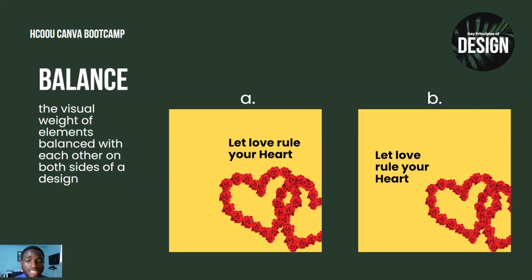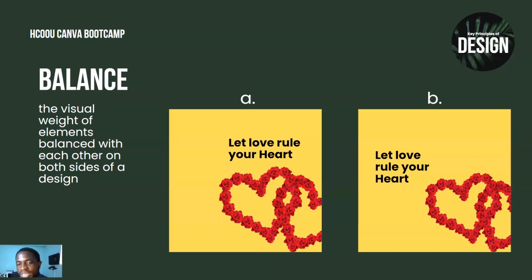So let's say we look at these two designs that I've shared now, design A and design B, or maybe we can call it specimen A and specimen B. In both of the designs, we can see that our artboard, that's the yellow part that you can see around the design, is imaginarily divided into two.